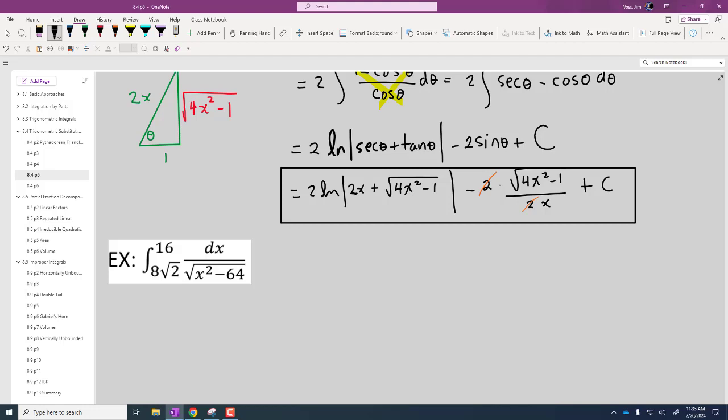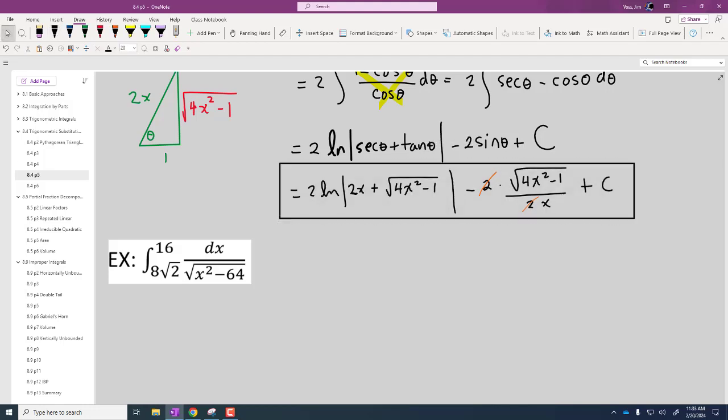All right, any part of that you want to ask about? Trig sub. The hardest part of this chapter. And then we get to the easiest part of this chapter next: PFD, partial fraction decomposition.